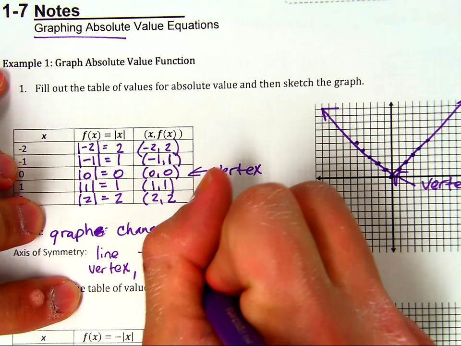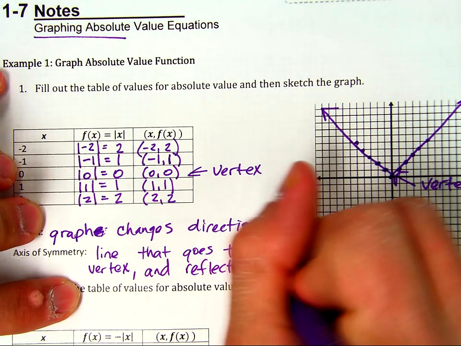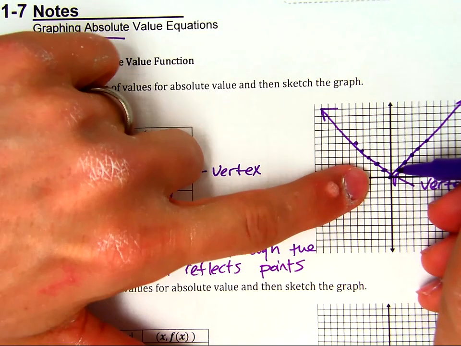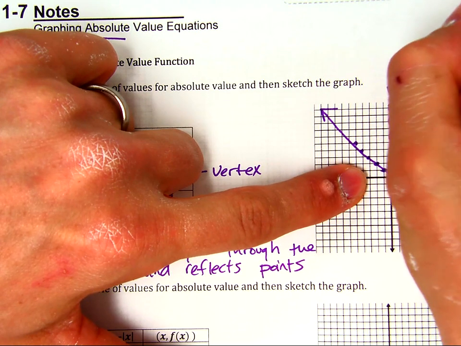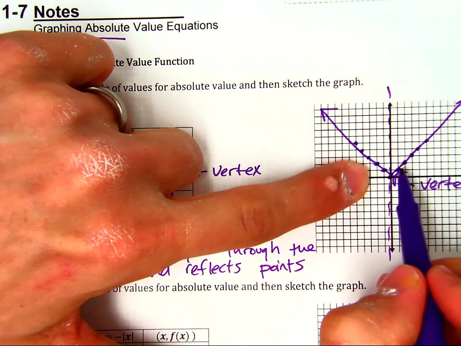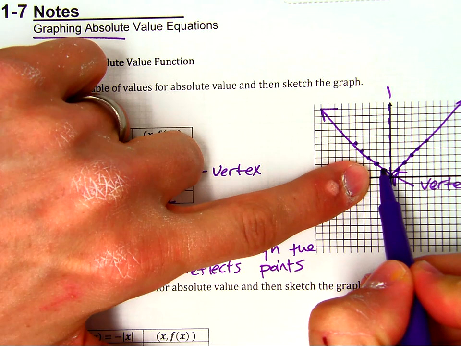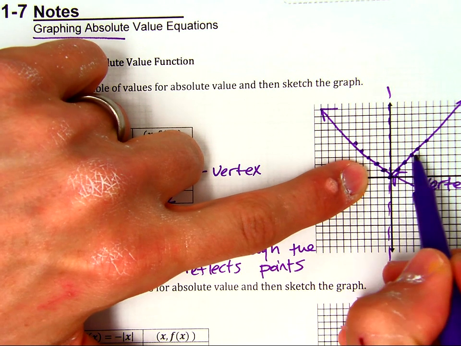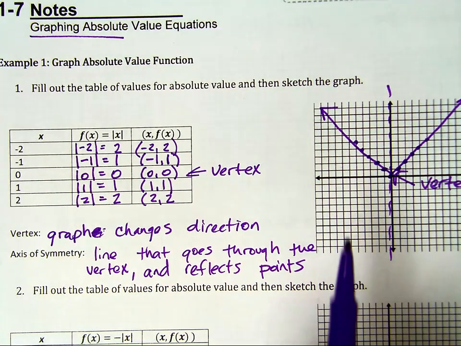So for instance, you can look at, there's a point at 1, 1, and the axis of symmetry goes right through the vertex, and then there's another point on the other side of the axis of symmetry. When you look at 2, 2, there's also a point at -2, 2. All right, so these different points reflect.